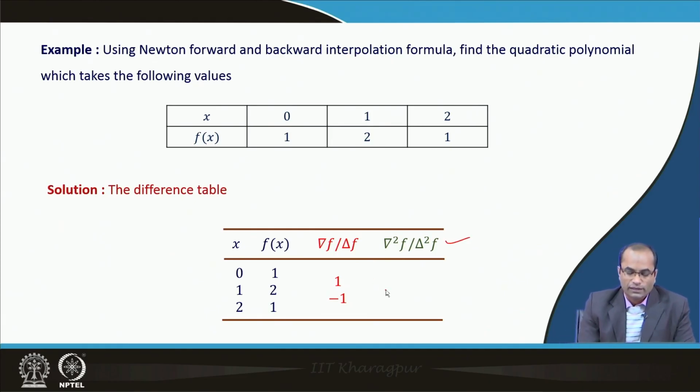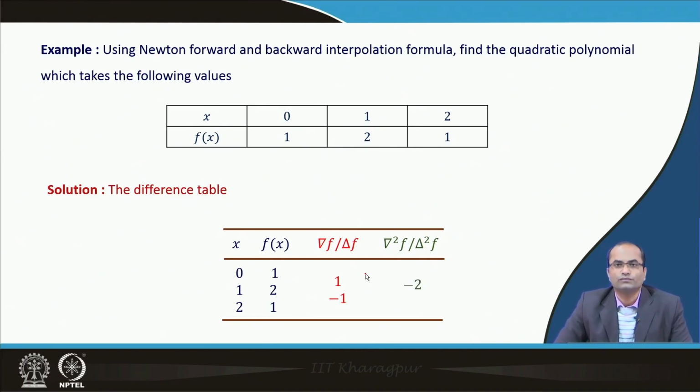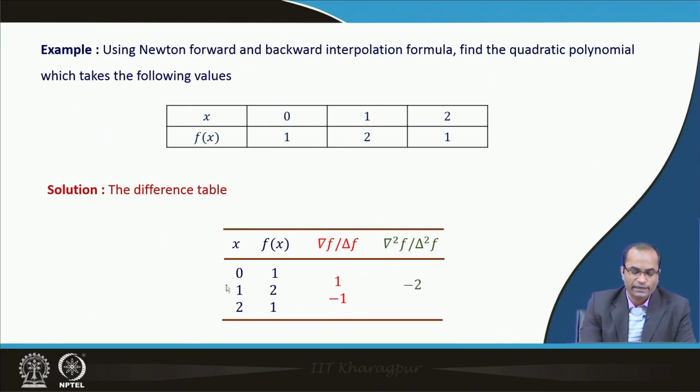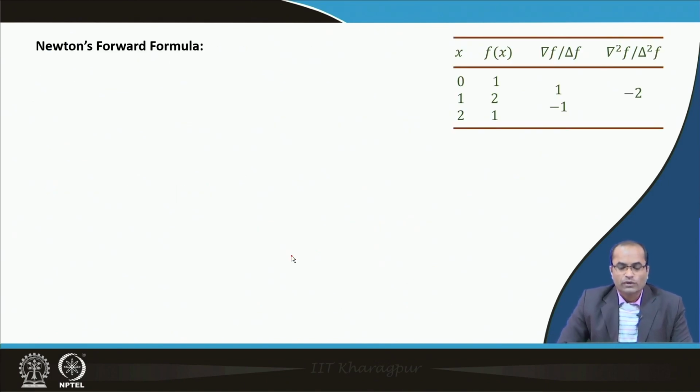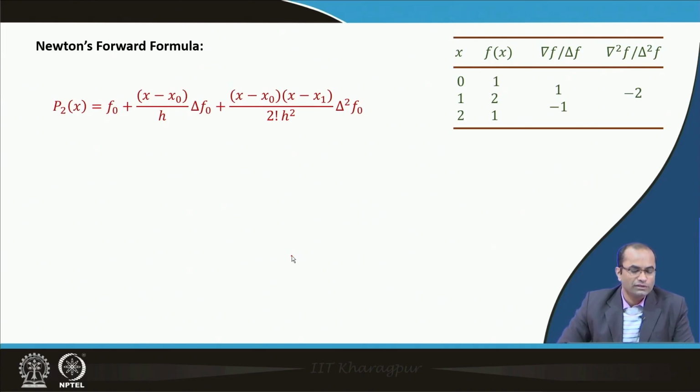So, minus 1 minus 1, that is minus 2. So, we have minus 2 for the second order difference. If there are 3 points, we can go up to the second order differences and naturally we will get a second order polynomial. Having done this difference table, we can now apply the forward difference formula, for instance.